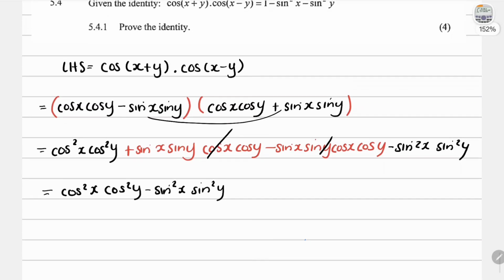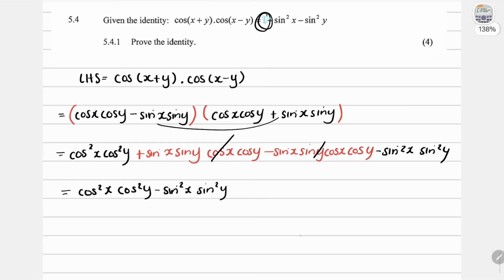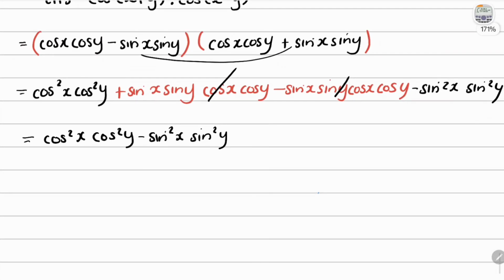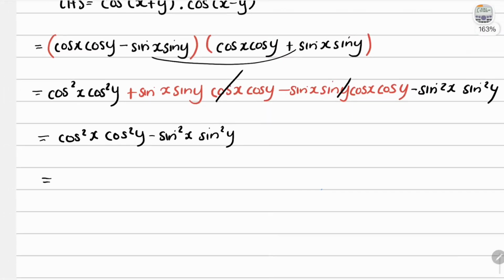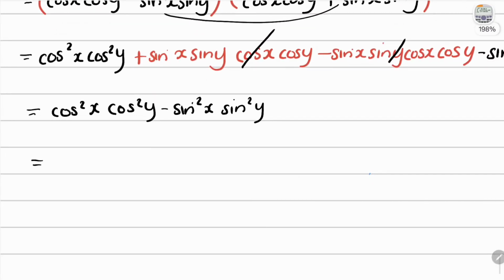And now, to be able to get a 1, you probably had the identity sine squared x plus cos squared x, or it may even be sine squared y plus cos squared y. But we can't force it to be there. So here's what we can do. We can change any of these two so that we can create 3 terms, because it's 2 terms right now.